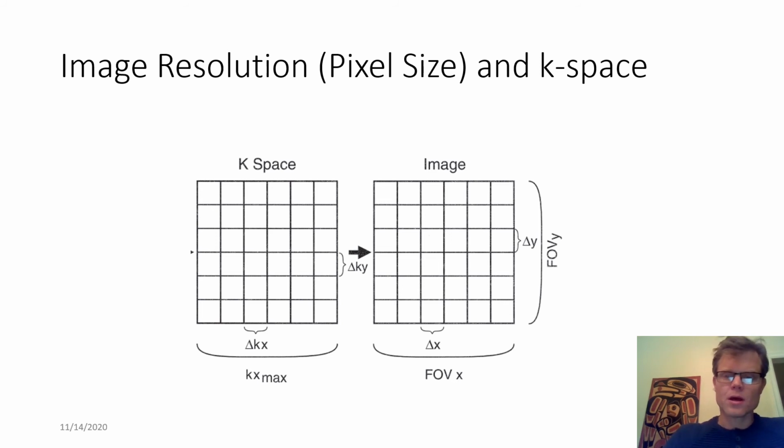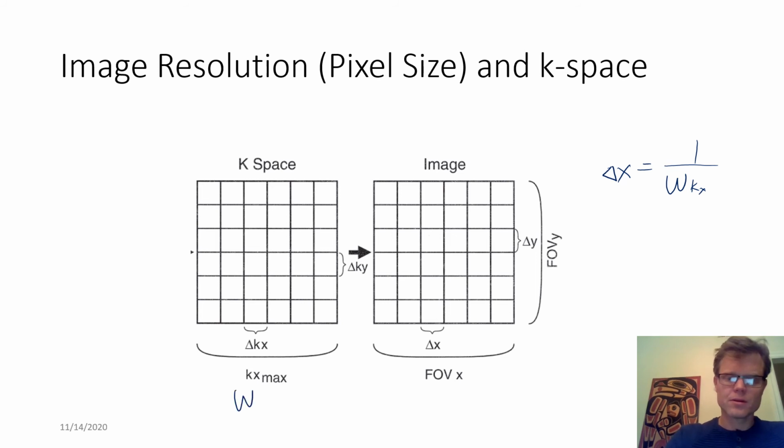It turns out there's a similar inverse relationship between our sampling characteristics in k-space and our image, but now the inverse goes the opposite way. What we're going to look at is how far we've gone in k-space. Remember, the intuition is that the further we go in k-space, the higher the spatial frequencies we're capturing, so the finer the features. For example, the image resolution, delta x, is going to be the inverse of the width of kx.